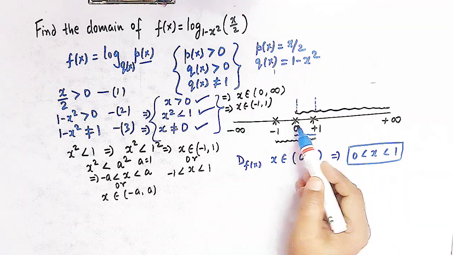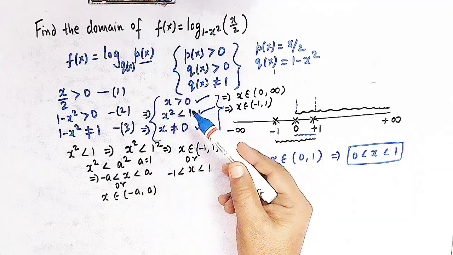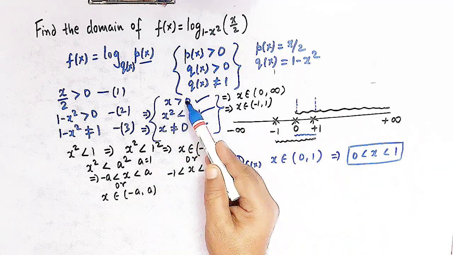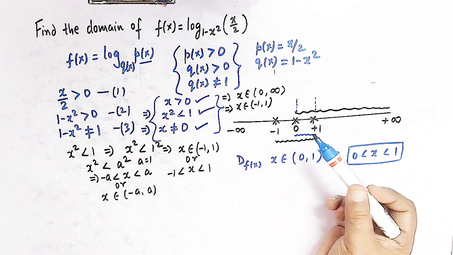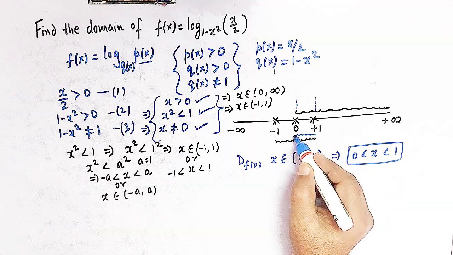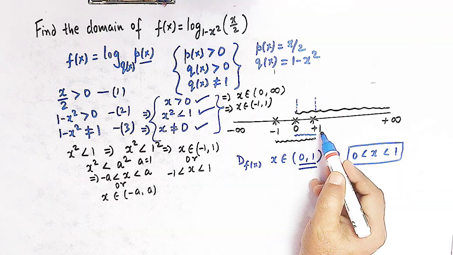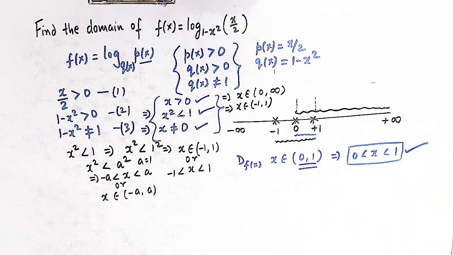When we take the intersection of these three conditions, the common region so identified is the interval 0 to 1, and the endpoints, 0 and 1, are not included. So this is the required domain of f of x.